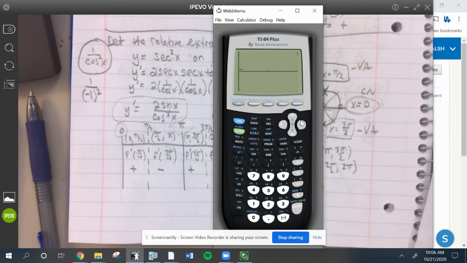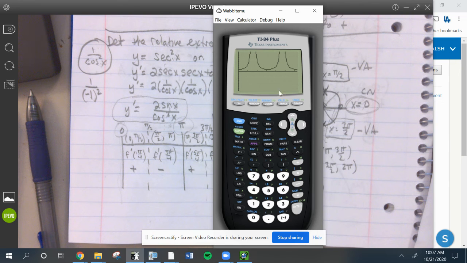I'm going to hit graph. That didn't really help me that much. I'm going to zoom trig. No, see, I know my window's all messed up. I didn't hit the pi somehow. All right, this should be better. Yeah, it is a lot better.